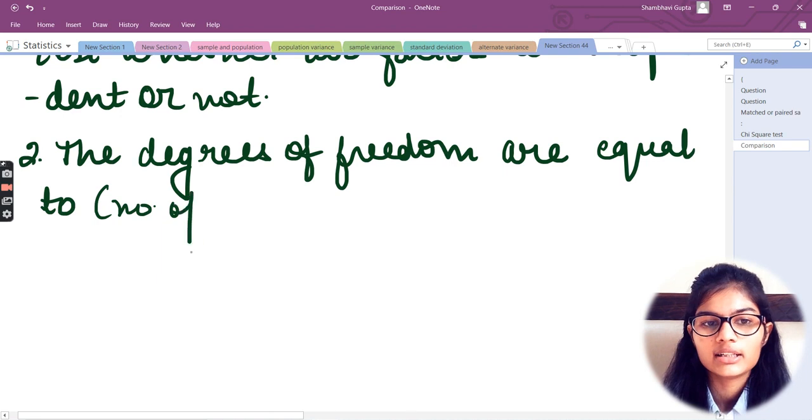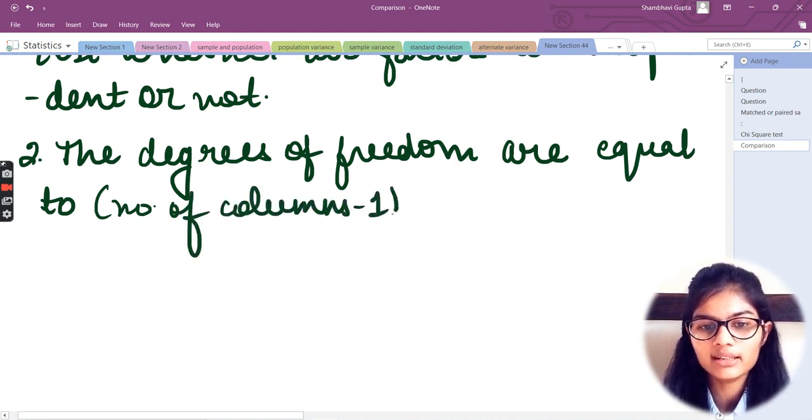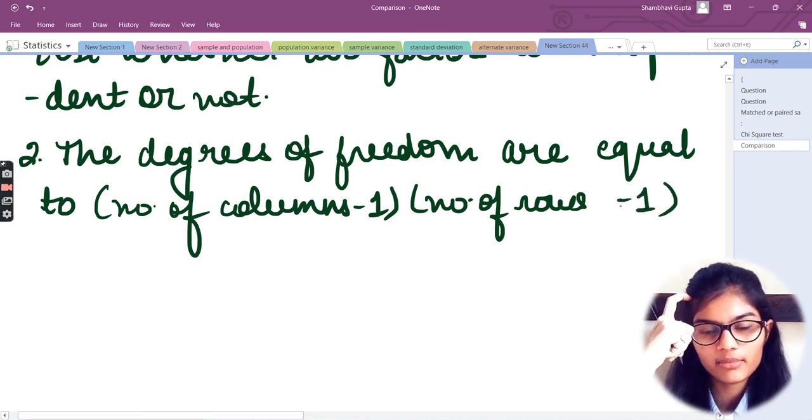So here goes number of columns minus 1, and next we have number of rows minus 1, right? So this is the degrees of freedom, and that is equal to both of these things.